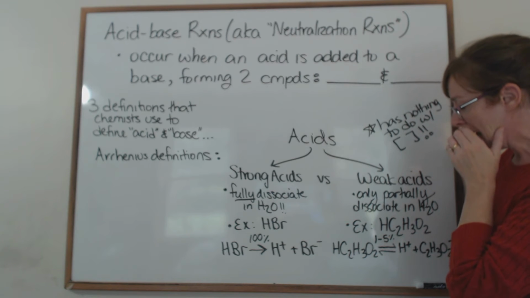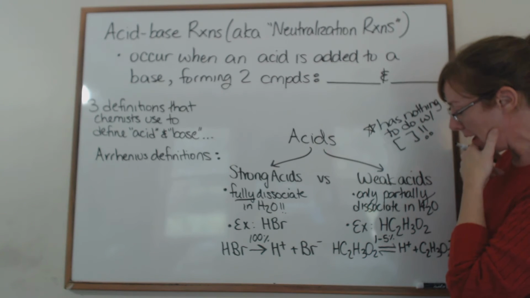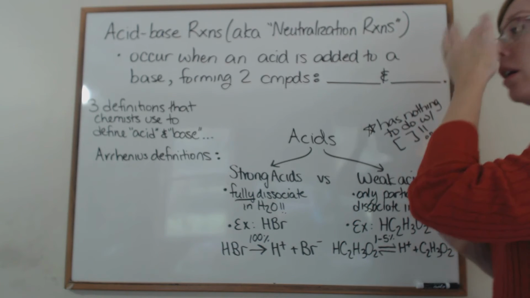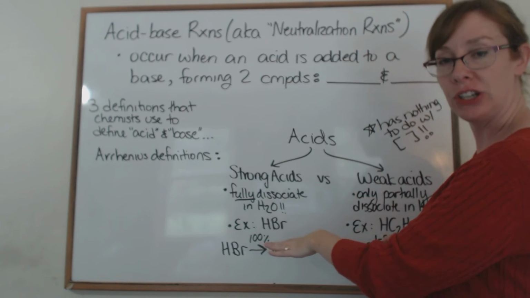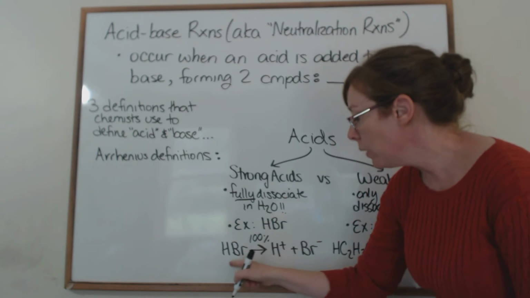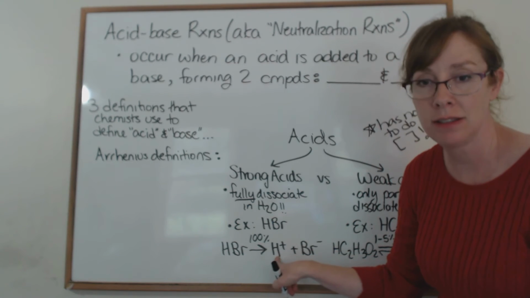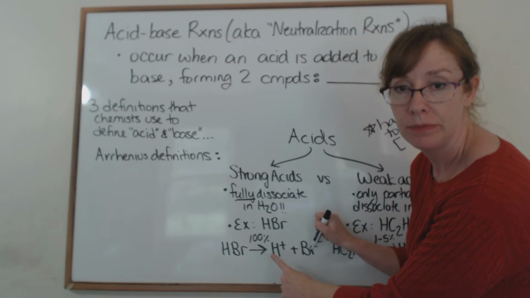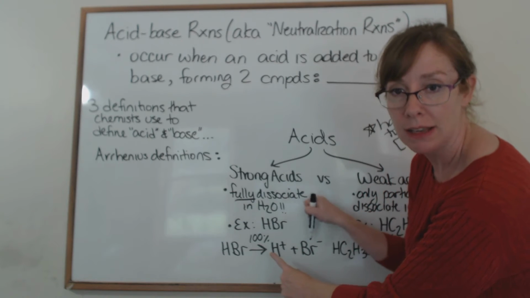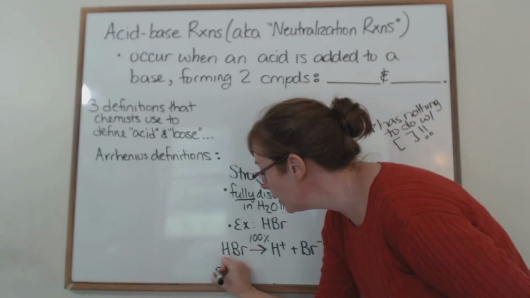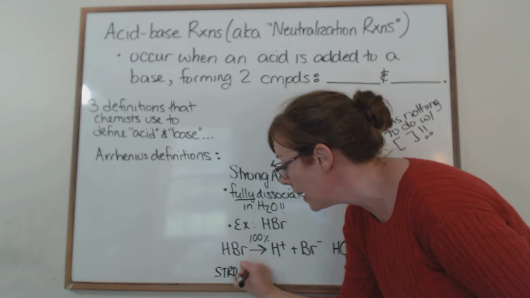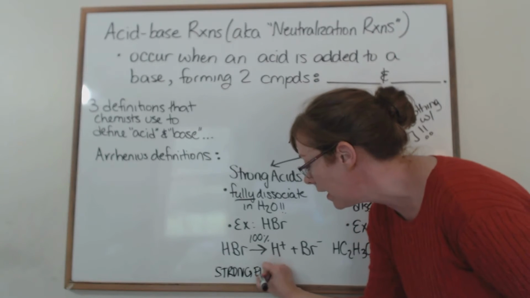Because of this distinction, the strong acid will produce lots of ions. Are you with me? Lots of them. Because every one of them does this. And because of that, you would call it not only an electrolyte, but a strong electrolyte.